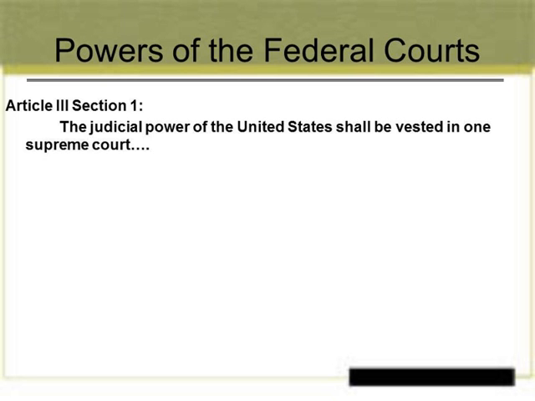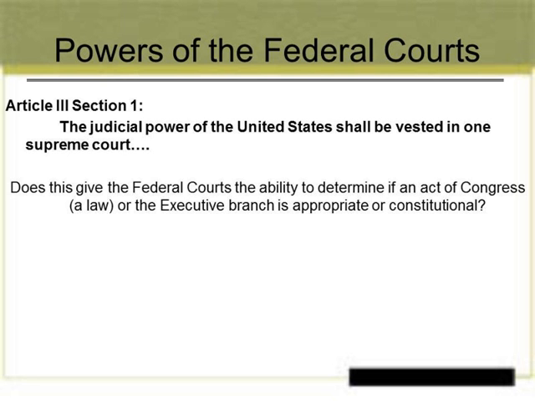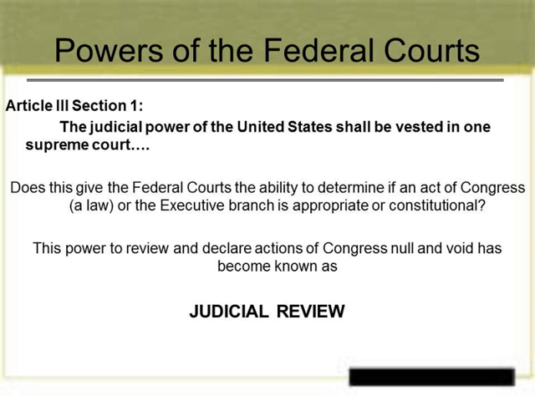They don't specifically say exactly what the judicial powers are. As we look at the court system and our government today, the Supreme Court has developed a power that we know as judicial review. The Supreme Court has the ability to tell Congress or the bureaucrats or the President that some action they've taken violates the Constitution.